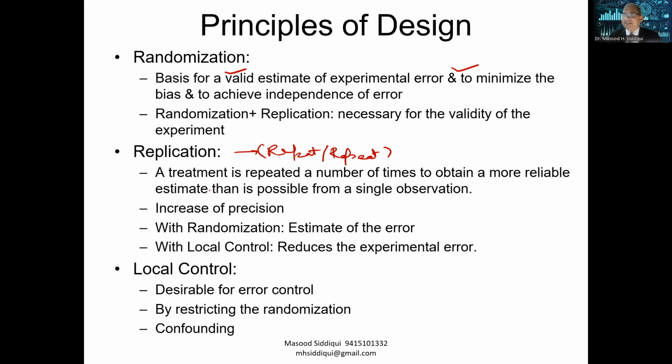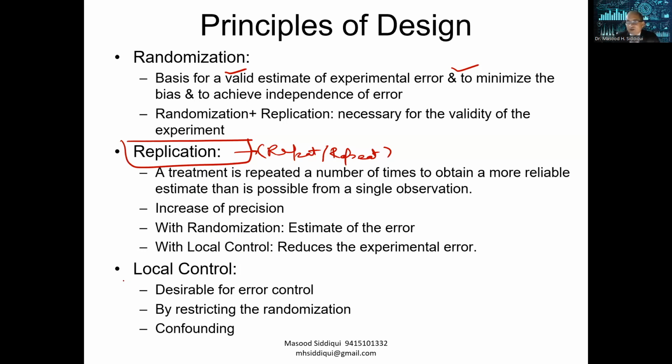Now, why is replication important? It provides an increase of precision, so that everything would be balanced. As we discussed earlier, along with randomization, it provides an estimate of the error, and along with local control, it reduces the experimental error. So this unit is used in both ways.